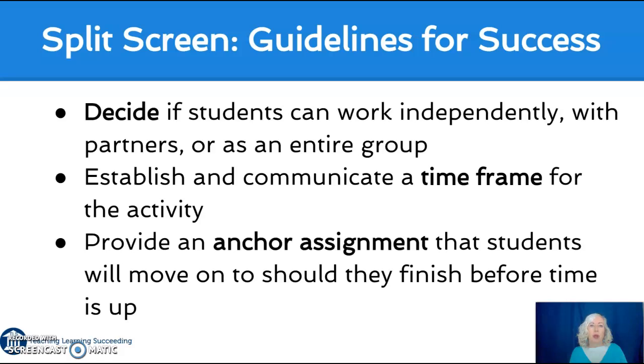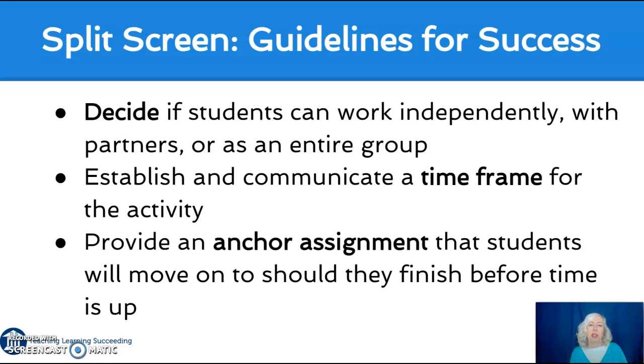Using what you know about your students, decide if it would be best for students not with you to be working alone, with partners, or in groups. And keep in mind, the configuration you use today could vary from level to level, and it could vary each time you use split screen as a strategy.